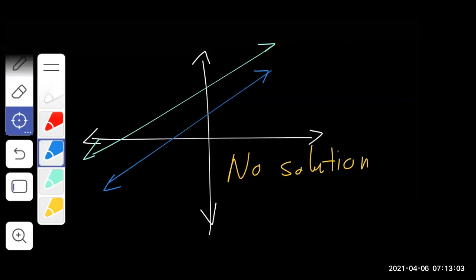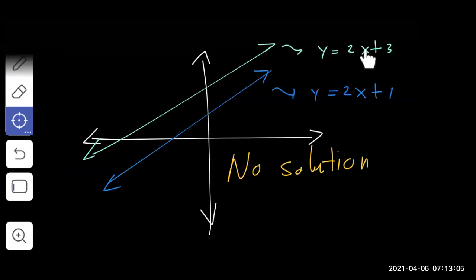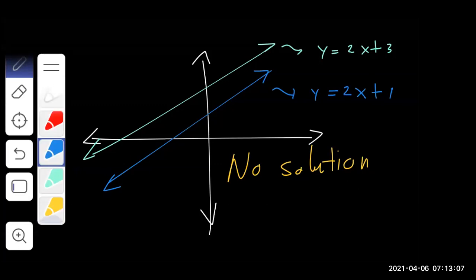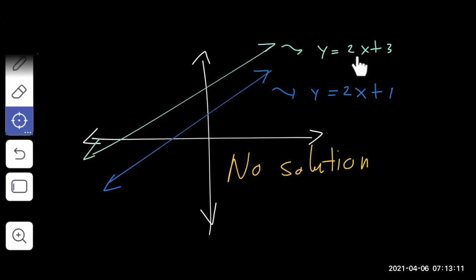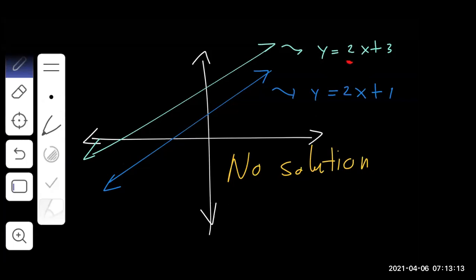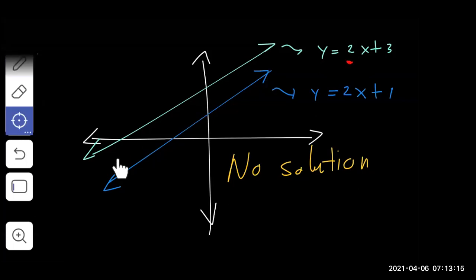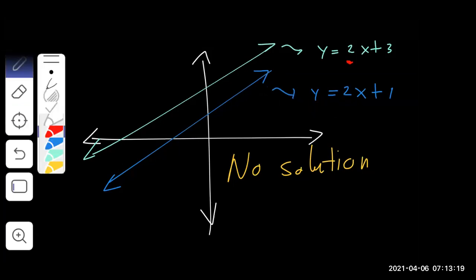Take a look. Notice something. You have 2x. This is the slope. For this particular line, the slope is 2. And for the blue one, what is the slope? It's 2.